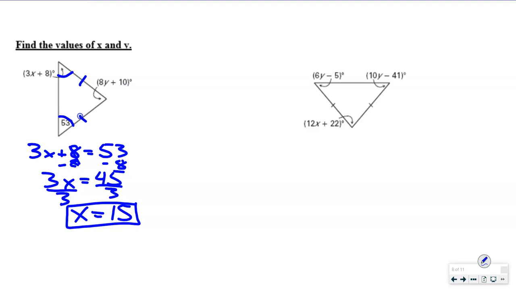So we know each of these that are congruent are both 53, so we can subtract that from 180. Take 180 minus 53 minus 53, or add those together and just subtract 106. But you're subtracting both of those angles either way.